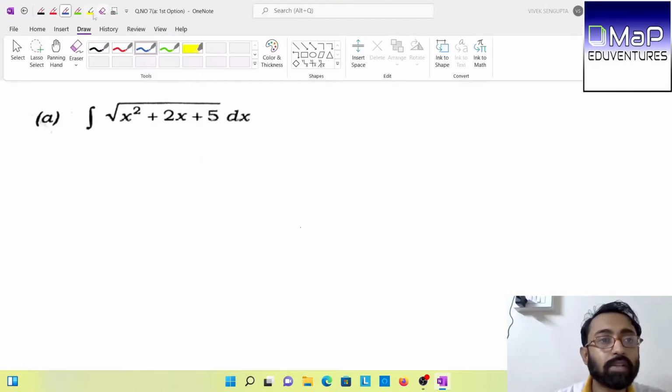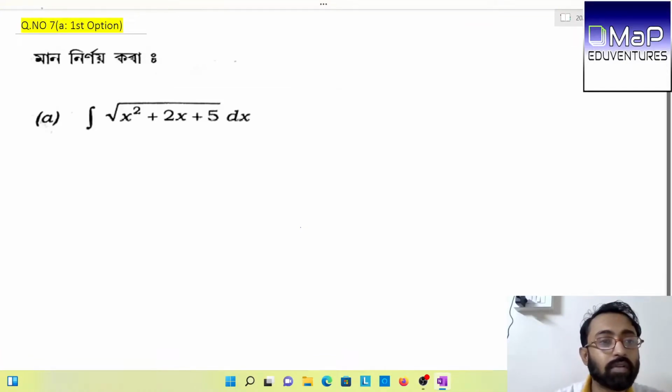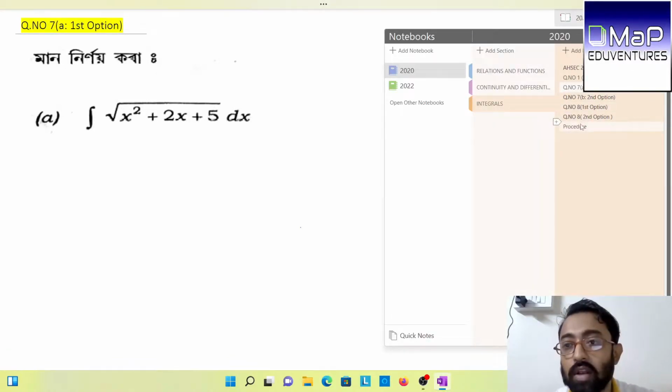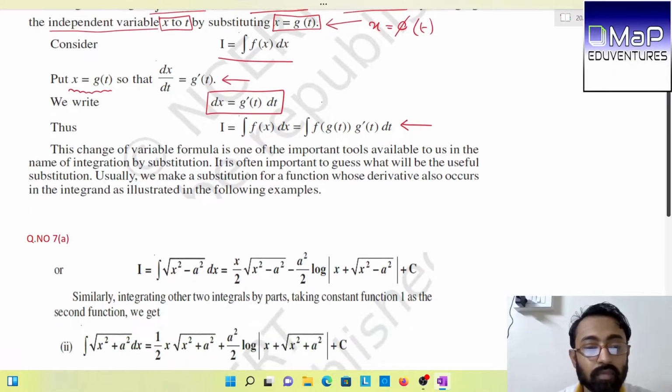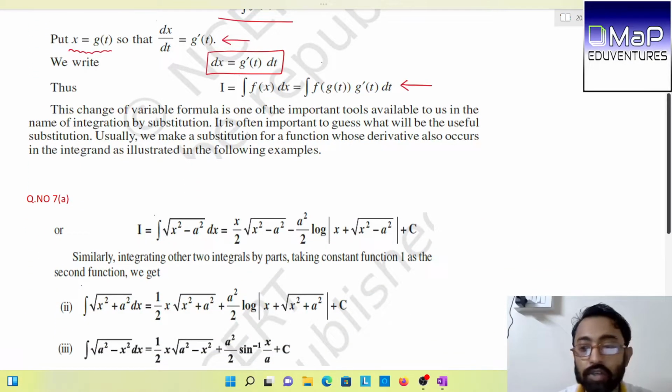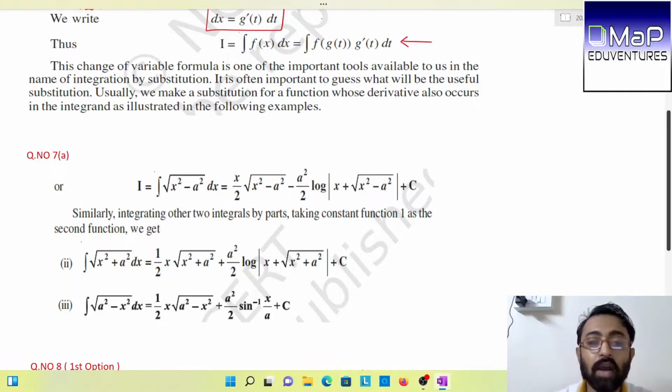So question number 7a, our first option is given as integration under root x square plus 2x plus 5. So how should we do this? Let us go to the procedure. Now this question will be done using one of the three formulas we can see here.